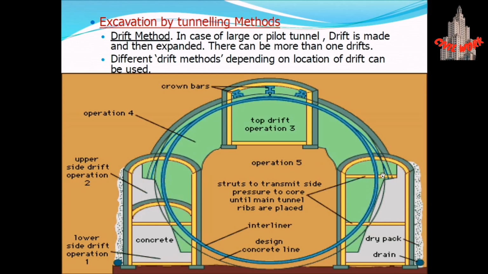These are the main tunnel ribs, and then we have to give the interliner, which gives the support for avoiding the mucking, and then the design concrete lining. This is the dry packing, and then we have to give a drain.